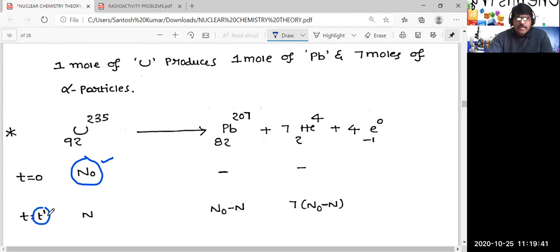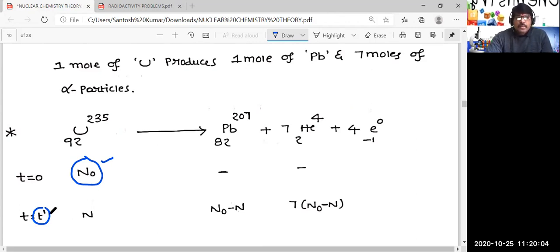It may be, for example, today, and N naught is the number of uranium 235 isotopes 10 years before, 20 years before, 30 years before, whatever, right? For example, this is the time period after which you are studying the composition of that mineral.